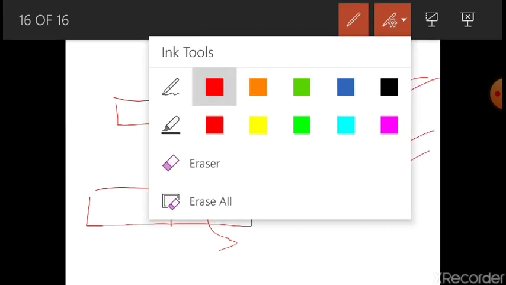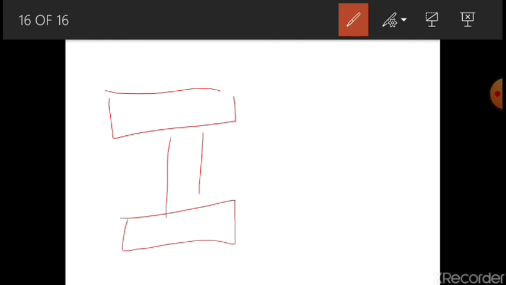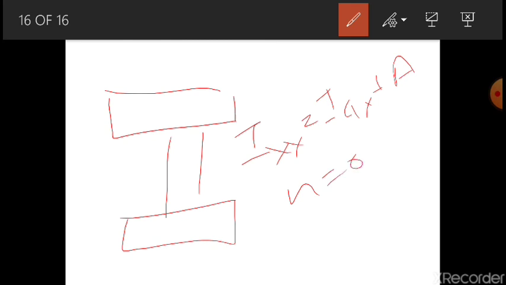In case of the symmetrical questions, what you can do: in Ixx, the formula will be Igx plus A into h squared, where the distance here will be equal to 0.